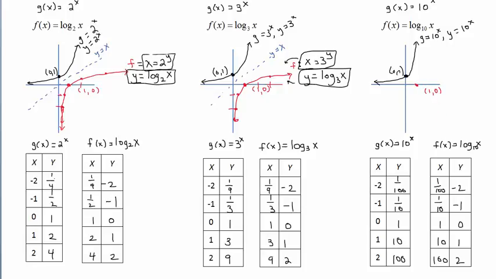And as best I can, I'm going to plot 1/100, -2. Well, 1/100 is 0.01, which, my goodness, that's even closer to the y-axis. And if I plotted that point at -2, I'm almost on the negative y-axis. It's going to be difficult for me to plot it where it needs to be plotted. 1/10, -1. Well, about right here. I know that's off, but based on the constraints of the graph, it's a little difficult.